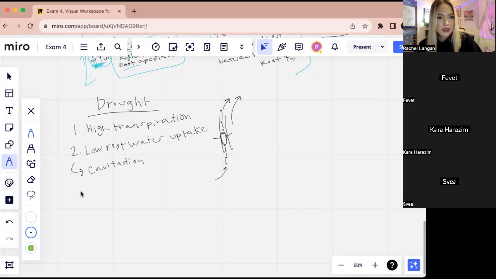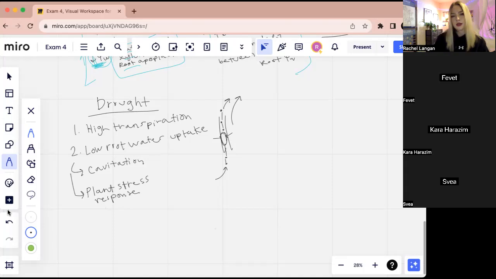Then another thing that's going to happen is plant stress response. So it will detect in the roots that there's less water coming in from the soil. And in the roots, the response is going to be ABA synthesis.